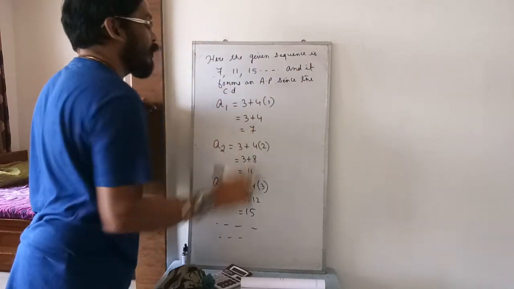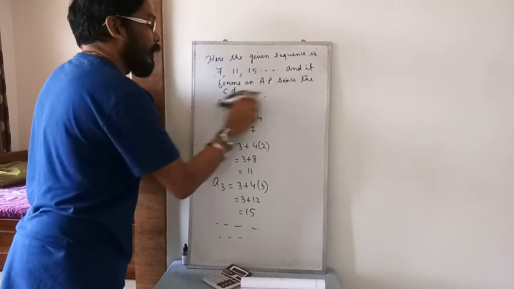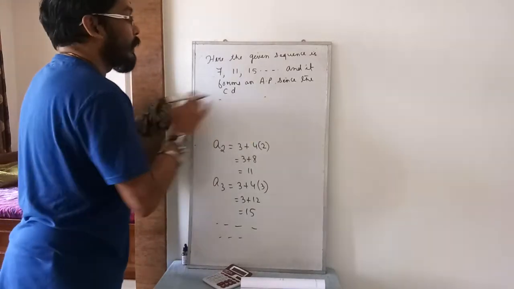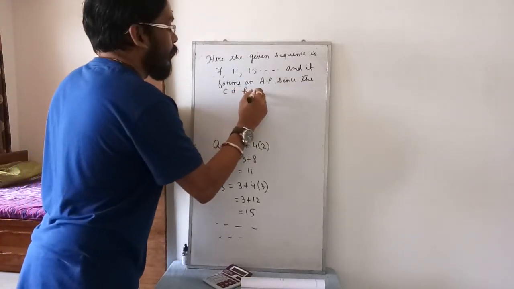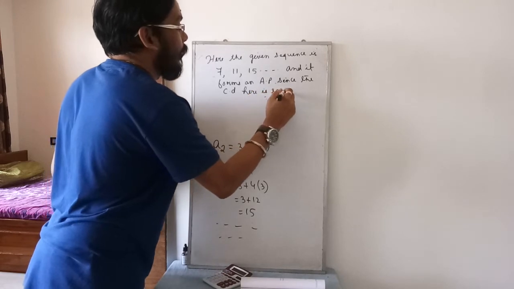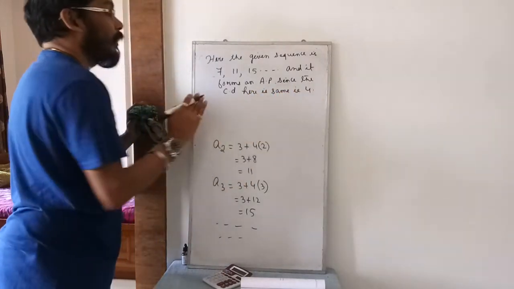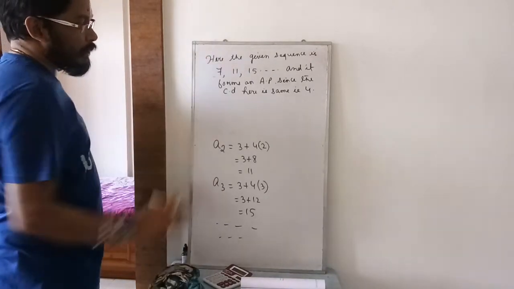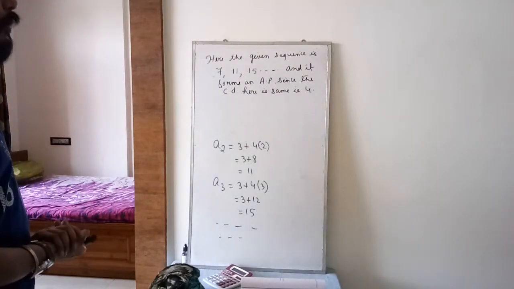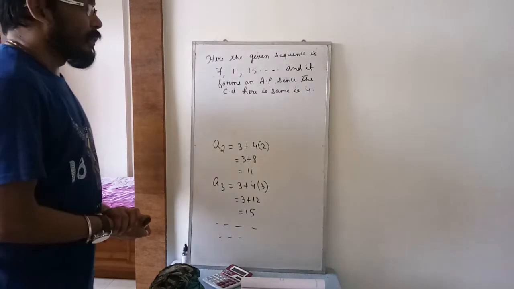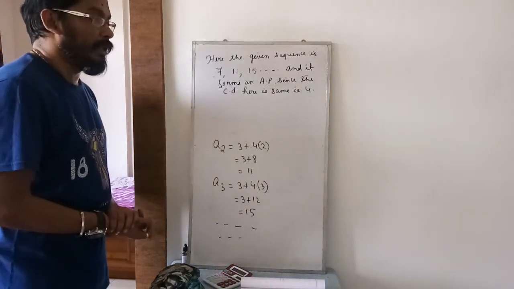Common difference I am adding here as shortcut C.D. Common difference here is same, that is 4. Here the given sequence is 7, 11, 15 dot dot dot, and it forms an AP since the common difference here is same, that is 4.